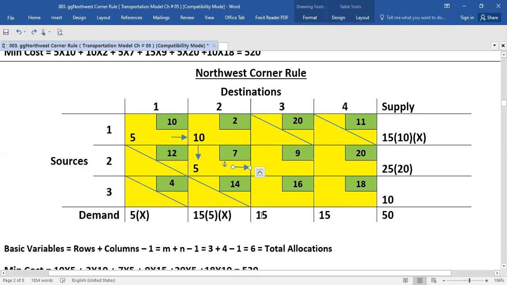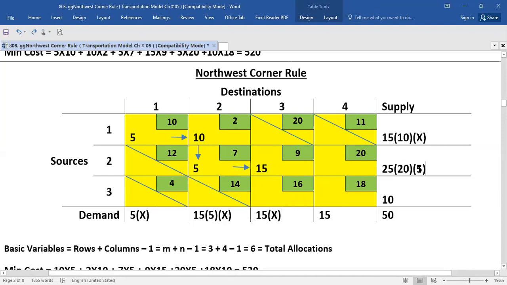So 15 is minimum. You will make 15 as the allocation. You will put 15 here. After the allocation, you will check how much demand and how much supply is left. Demand is left with nothing. Demand is complete. On the other side, you are left with 5.